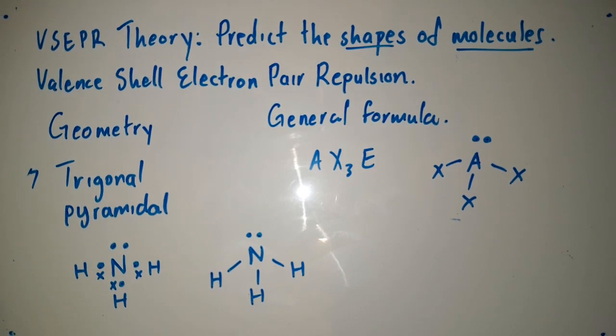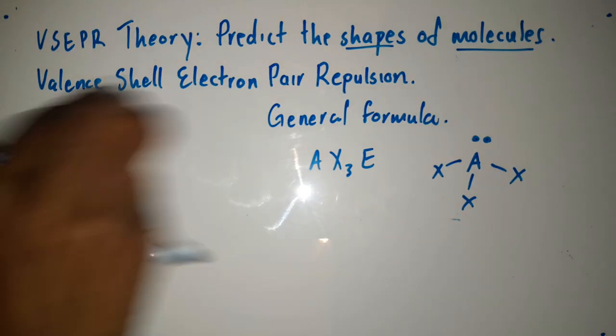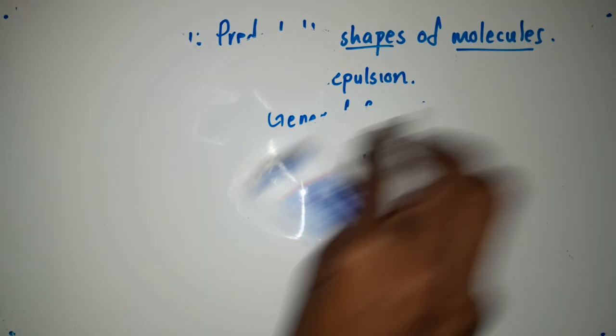Now what I'm going to do is a little bit of a summary for you, in order for us to see the geometrical shape and also the general formula. I'm going to make a summary of everything to see them all together.